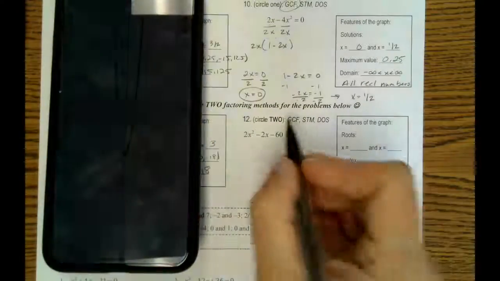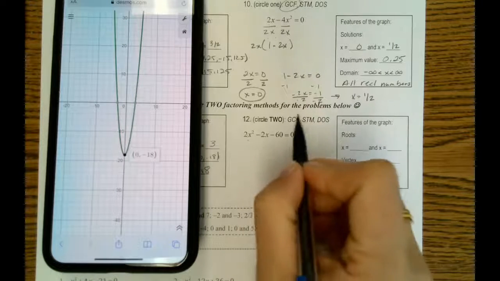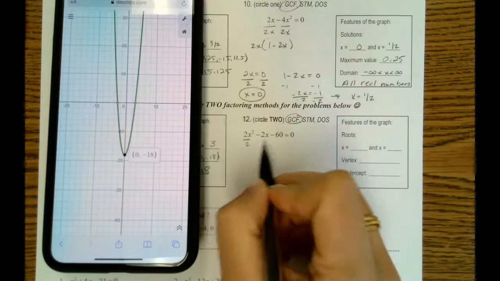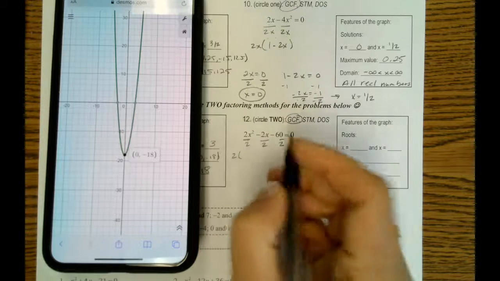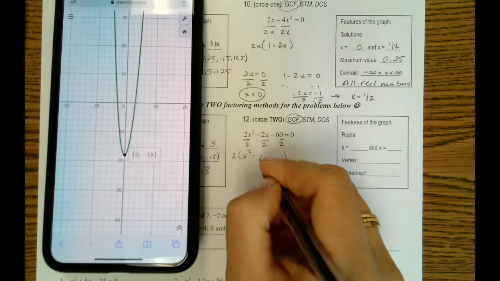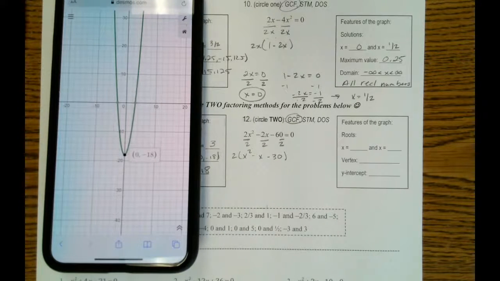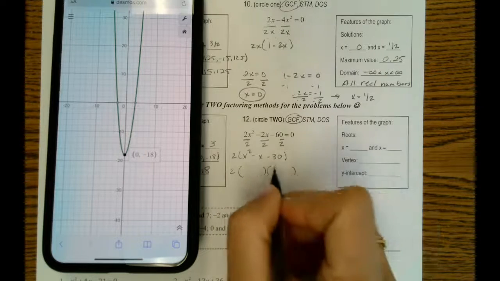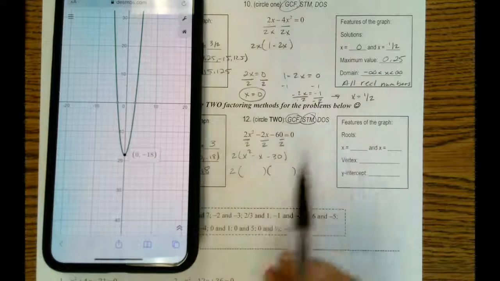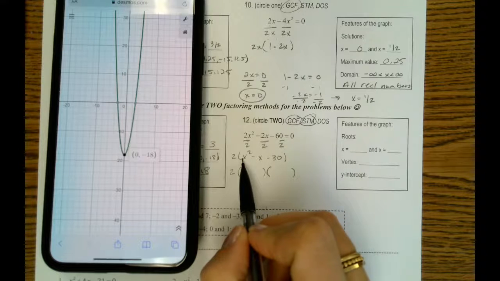And number 12, this one says choose 2 as well. So we always check GCF, and we definitely can pull out 2 as our GCF here. So we're left with x squared minus x minus 30. And then on the inside, we can do a split the middle problem with that, except this is one of those quick scenarios where there's a 1 in front of the x squared now.